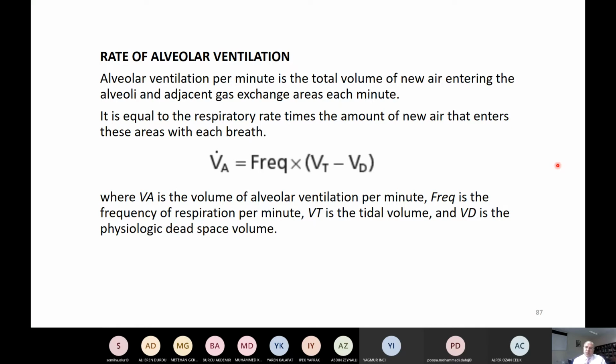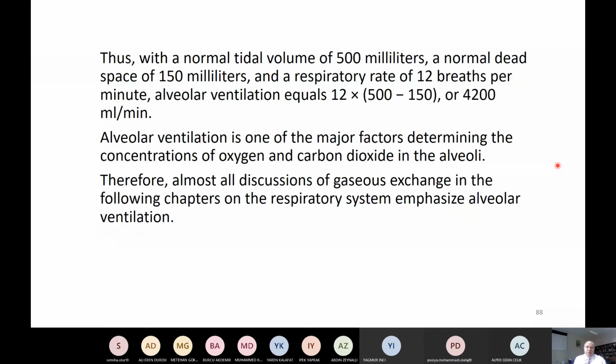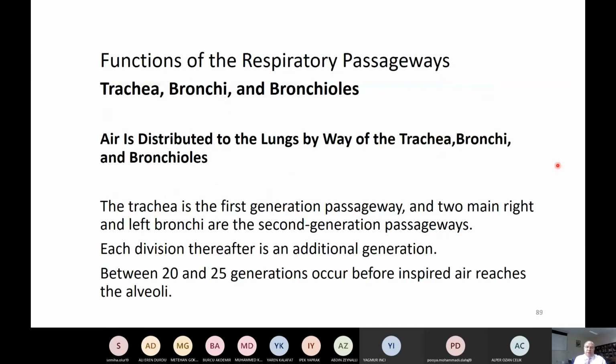So alveolar ventilation times frequency, you will get the rate of alveolar ventilation, and it is about 4,200 milliliters. 4 liters to 4.2 liters per minute you will get when you calculate this. All right. Now finally the respiratory passages.